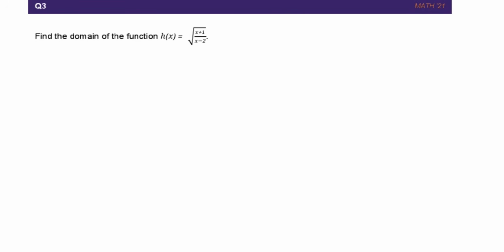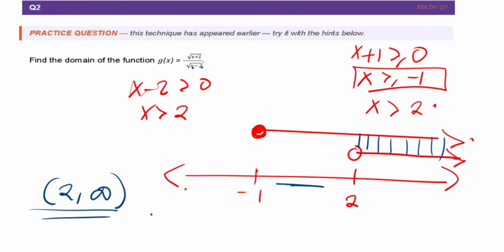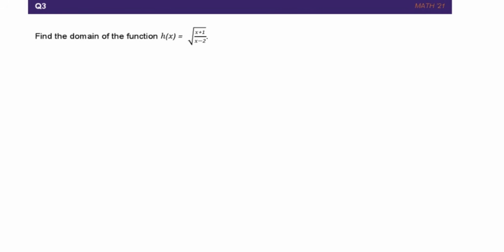Yeah. Same applies to this. The same method that I've used there, this question and this question, they're basically the same. In fact, it's the same question. So on top, you always use greater than or equal to 0, so for x. The down part, you get greater than 0, then you solve for x.